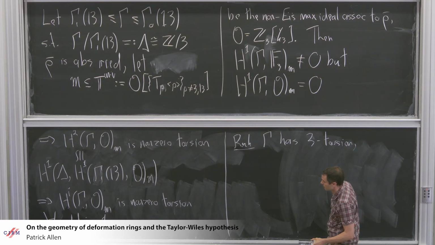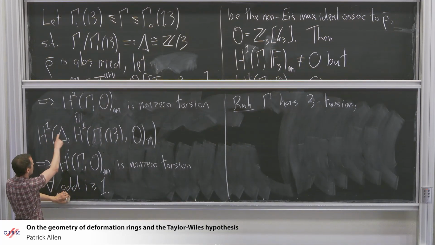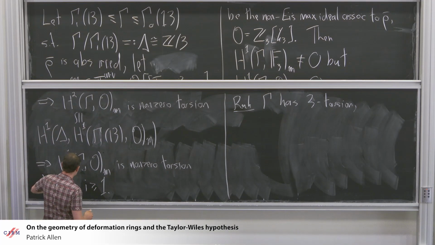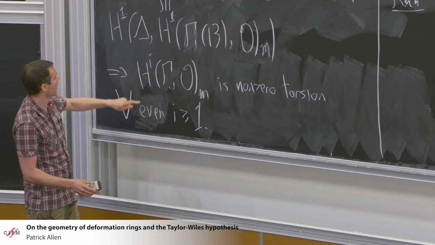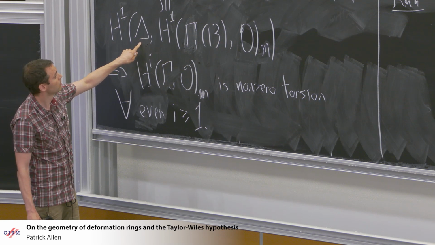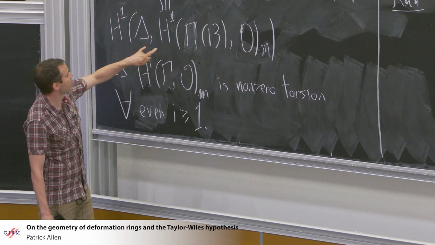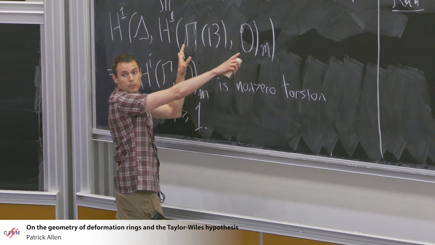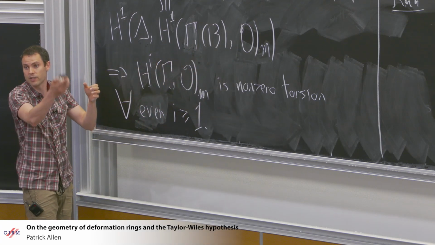Sorry, what's that? Oh, yeah, thank you. Yes, of course. Sorry, I was getting my index here confused with the index here. Thank you. This delta is a finite cyclic group. So I'm saying that because, whatever this is, let's call this M for a second, because H1 of delta with M is non-zero, H3 is non-zero, H5 is non-zero.